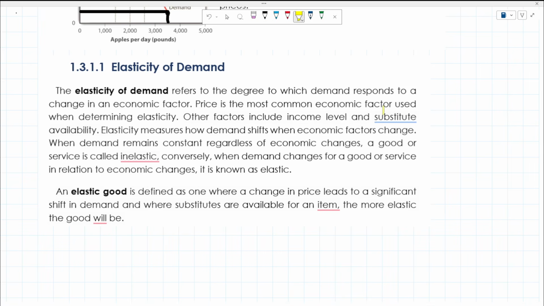So for example, let's take two restaurants as our example. When Jollibee raises its price, and based on observation, the rate at which the product of Jollibee is demanded decreased.